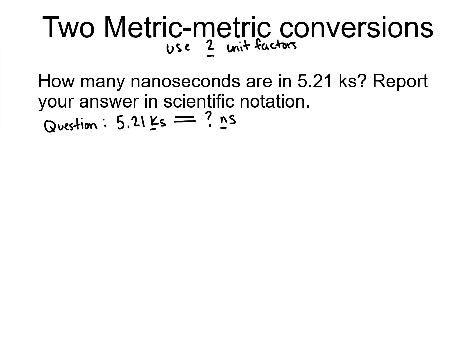When you see a prefix on both sides of the equation, you can't just jump from one to the other. We've got to go from kiloseconds to seconds, and then from seconds to nanoseconds. That's why we have 2 unit equations.